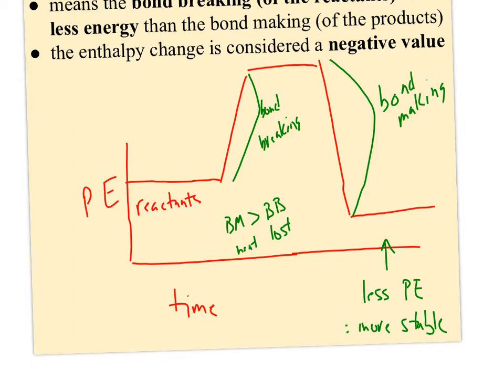Bond making is greater than the bond breaking enthalpy change. So heat is lost, and it's lost to the environment. The system loses it, the surroundings pick it up. So we would feel the heat being given off. That means our products have less potential energy, and it also means they're more stable. That's why exothermic reactions are so common, because they lead to more stable products.